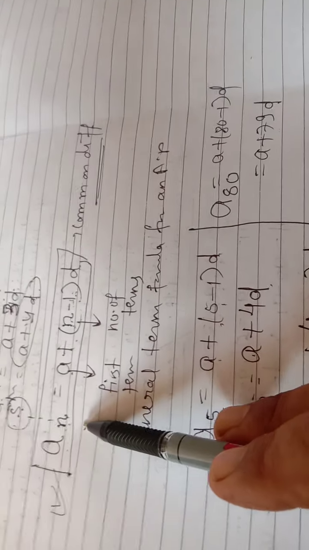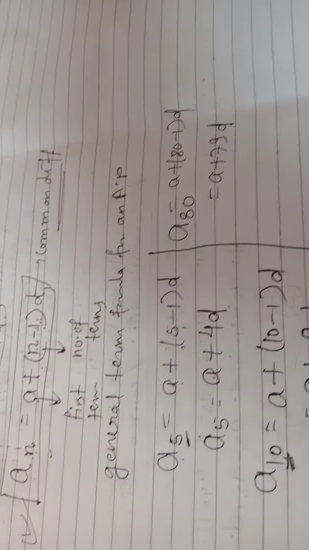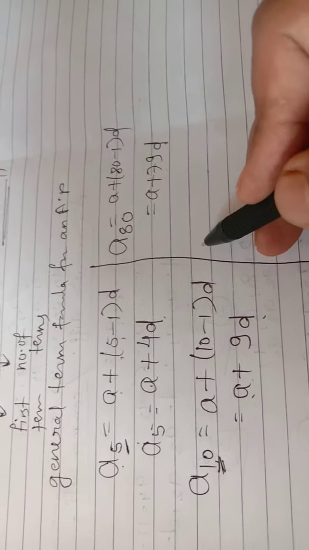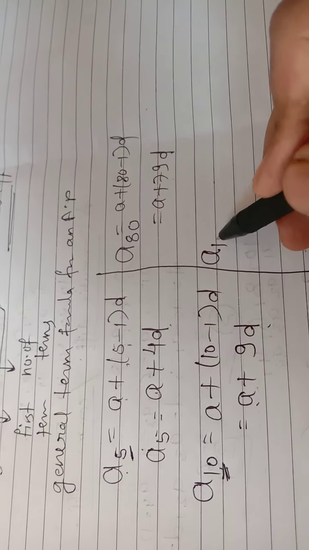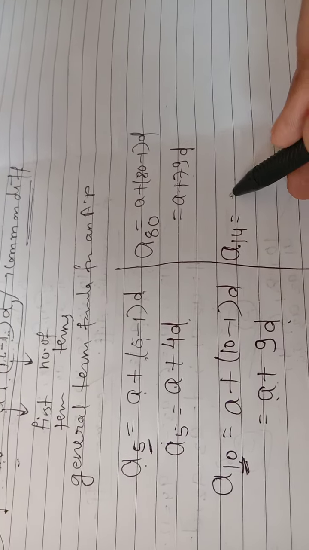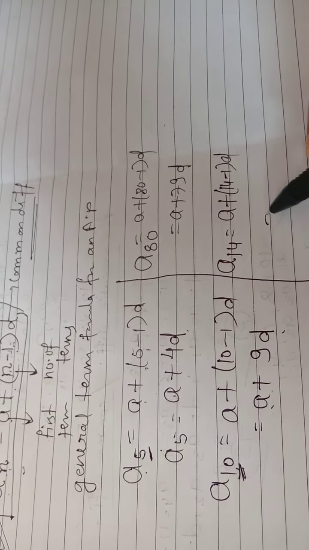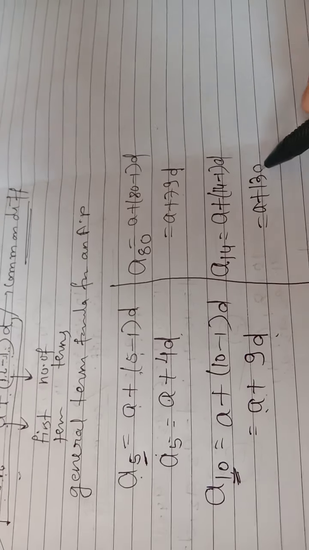Keep in mind that n is always a positive integer and should never be negative, since the number of terms is positive. The general term of a14 is a plus 14 minus 1 into d, which is a plus 13d.